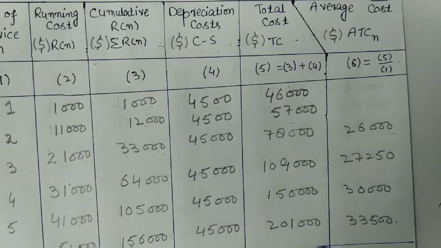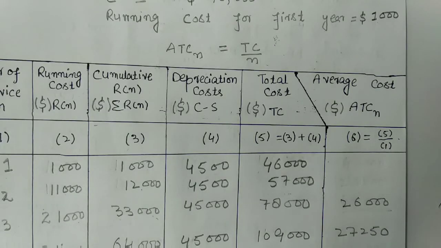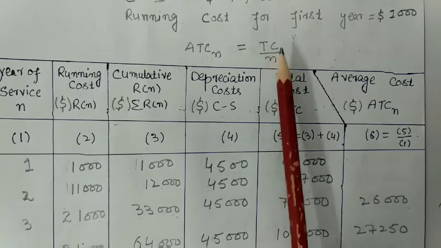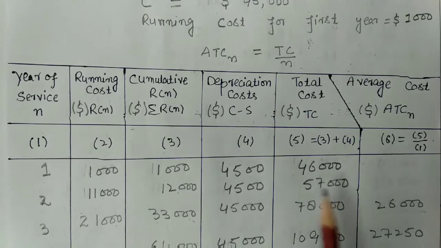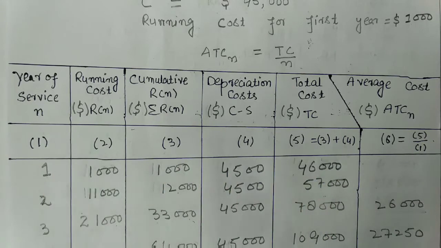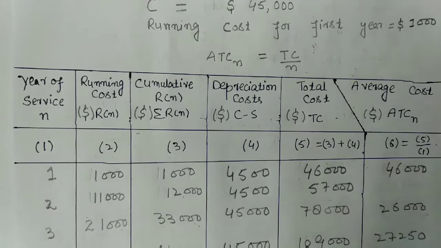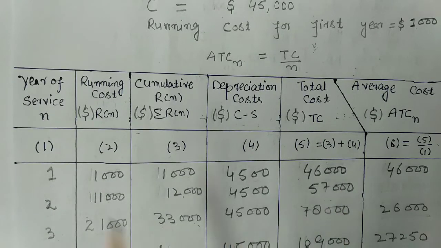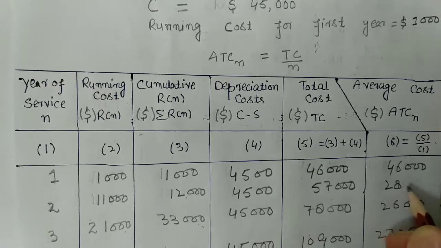In the same way, now we will find the average cost. Now average cost is equal to total cost divided by n, that is years of service. So here 46,000 divided by 1, I will get 46,000. Then 57,000 divided by 2, I will get 28,500.